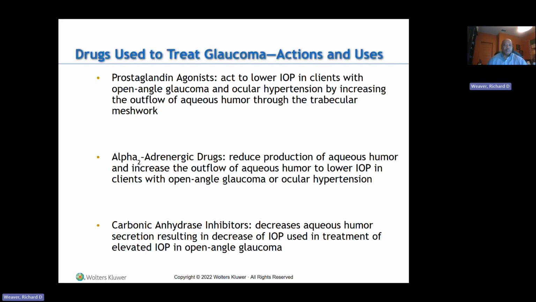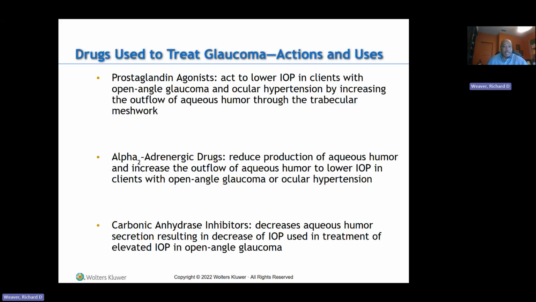And so the beta adrenergic blocking drugs decrease the rate of production of aqueous humor. All right. So it decreases the production, and if it decreases the production, then you get a lower intraocular pressure. Now, these drugs may be less expensive than the prostaglandin agonists. So some places may use them more frequently for clients based on their finances.